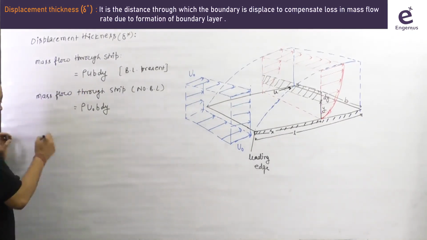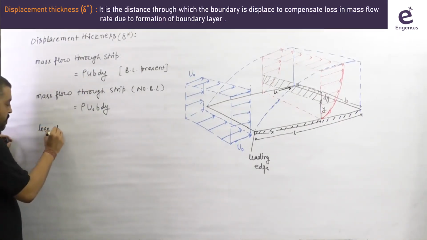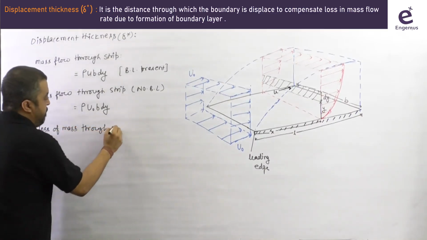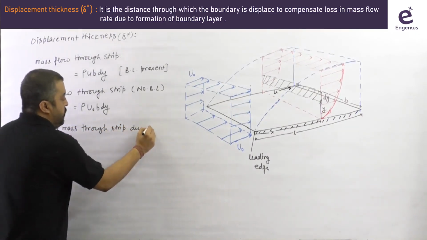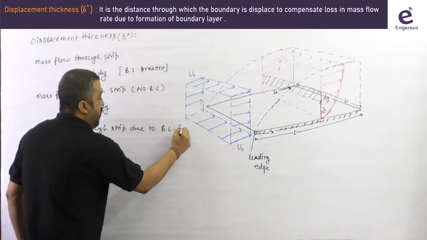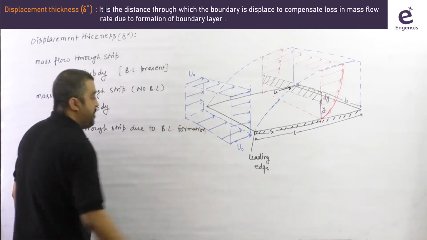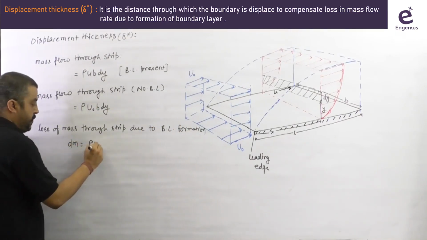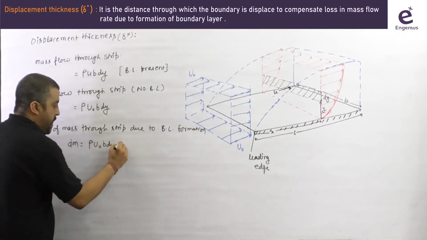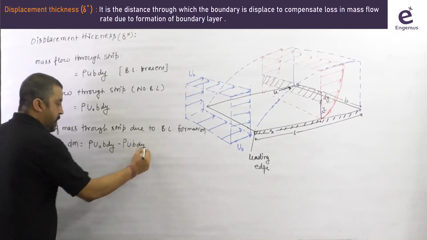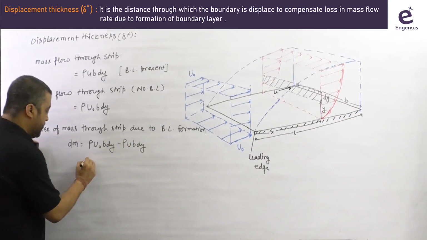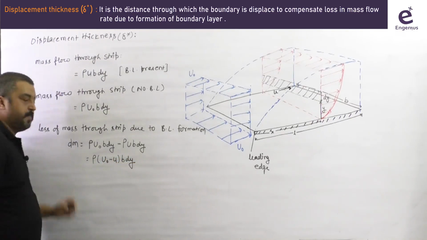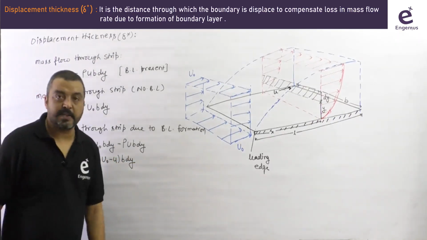So you can say the loss of mass through the strip due to boundary layer formation, which I'm calling dm, simply equals rho u naught b dy minus rho u b dy. This is the loss here. So this is rho times (u naught minus u) b dy, the loss of mass through the strip due to boundary layer formation. So this much mass is going to be lost.